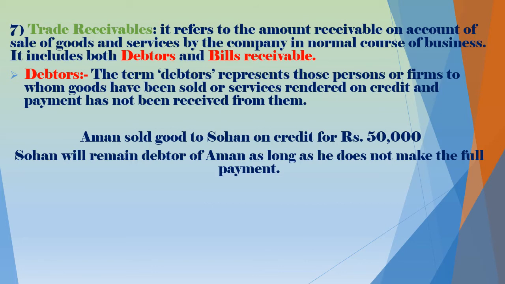So Sohan will remain the debtor as long as he does not make the complete payment to Aman. Sohan becomes the debtor because he has purchased goods on credit and still has not paid for the goods that he has bought.